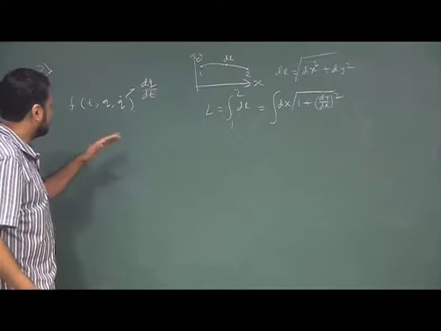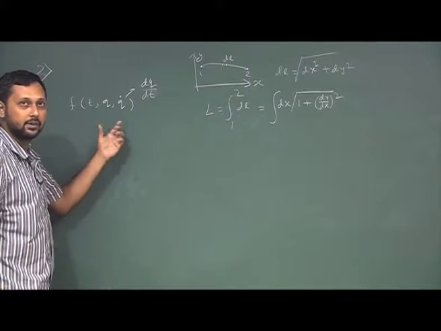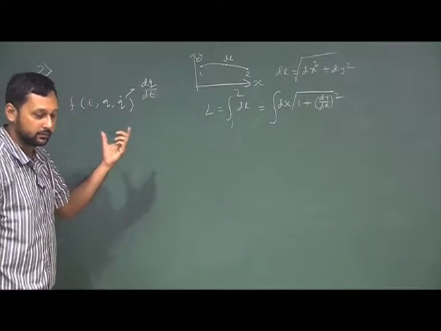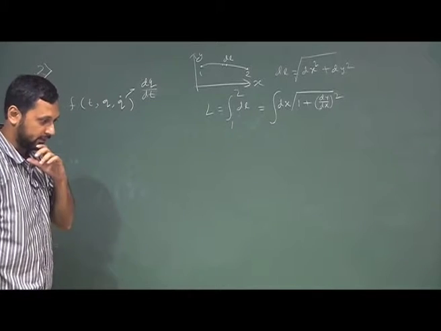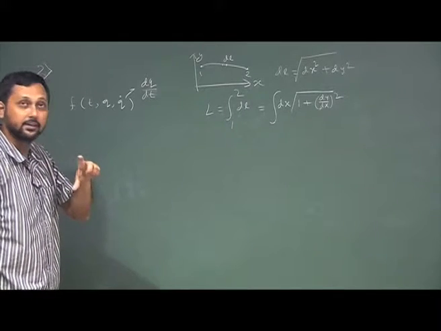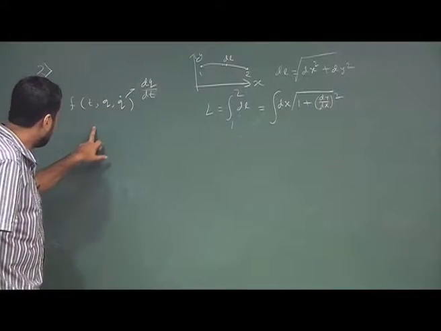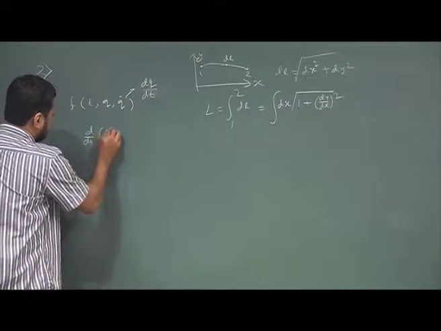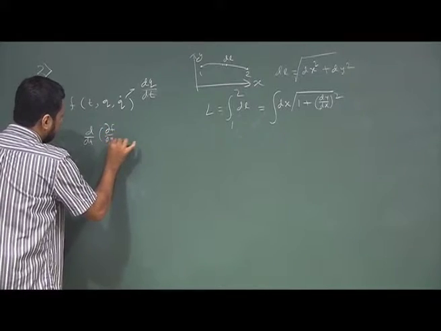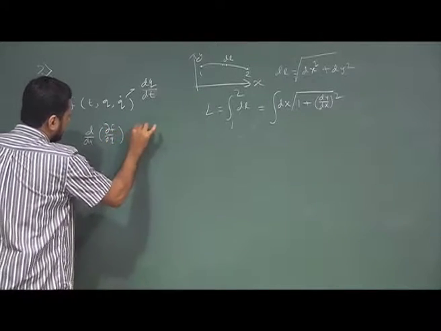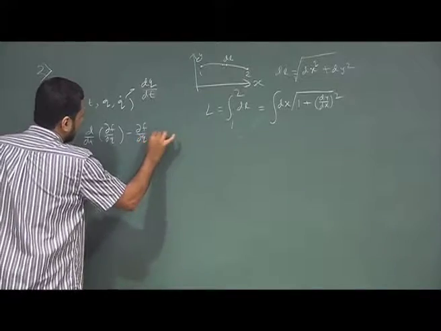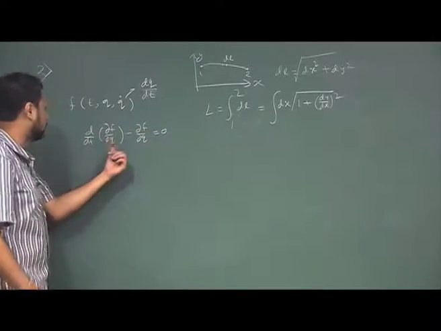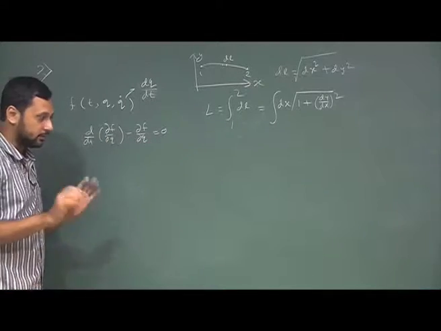We have proved that if we have to optimize the integral, or have a stationary integral, then it should follow the equation d dt of del f del q dot minus del f del q equal to 0. Of course, I can extend it to n number of parameters, but that is not the point here.